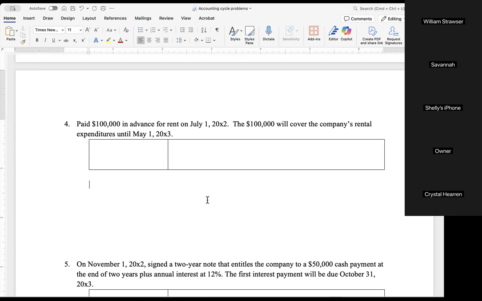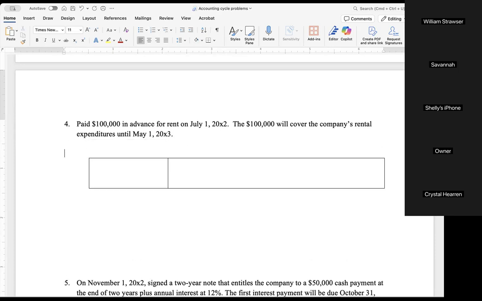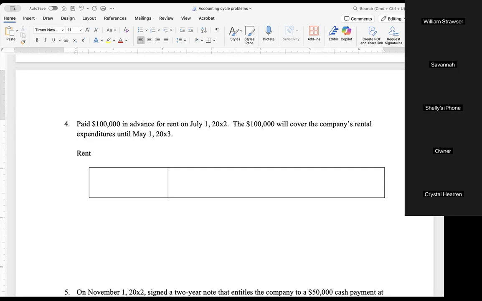I'm counting on my fingers, even though you can't see me. How many months is this rent contract? 10. Yep, good. So $100,000 basically bought me 10 months.